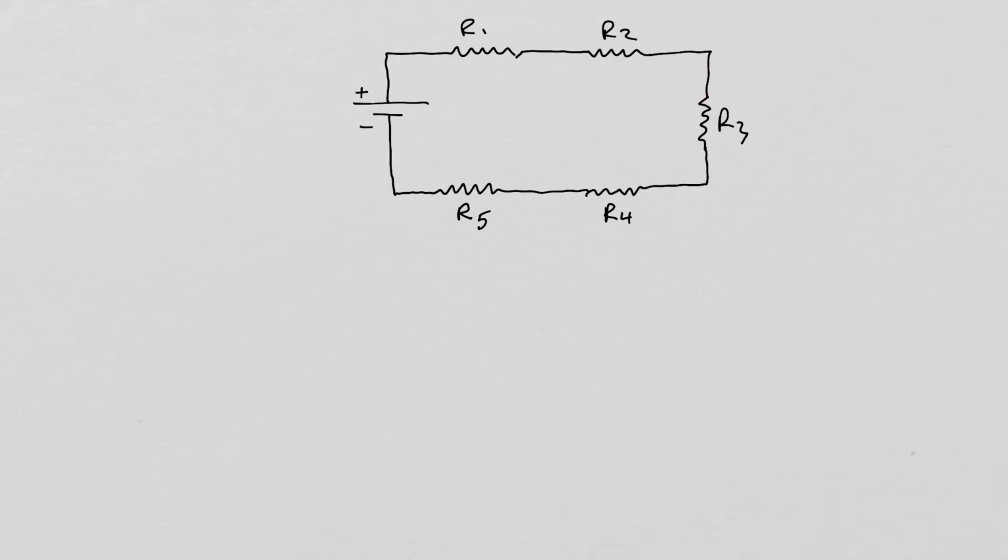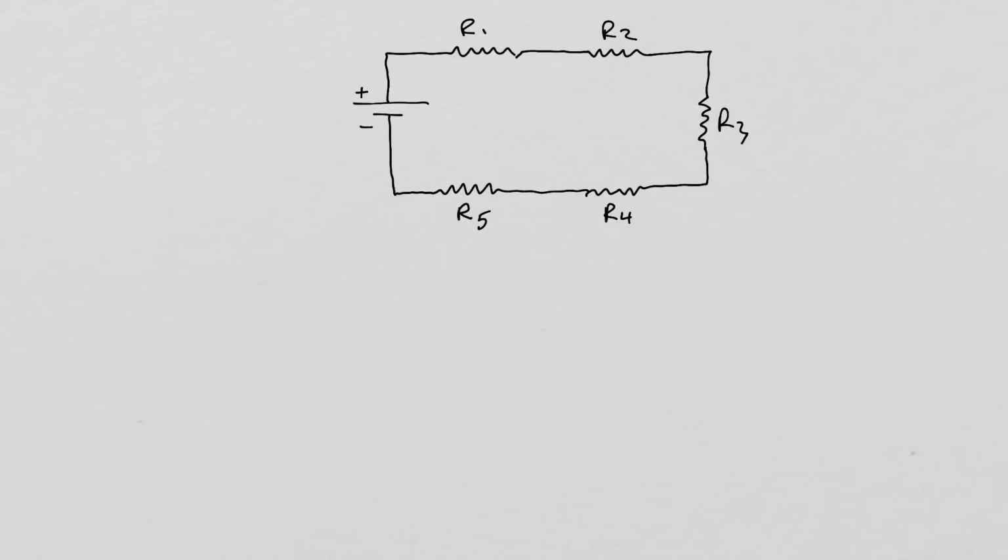Then the potential difference between the terminals of resistor number 3 will be different than the potential difference for resistors number 2 and number 1. And the same applies for resistors number 4 and number 5 compared to the other resistors in the circuit.